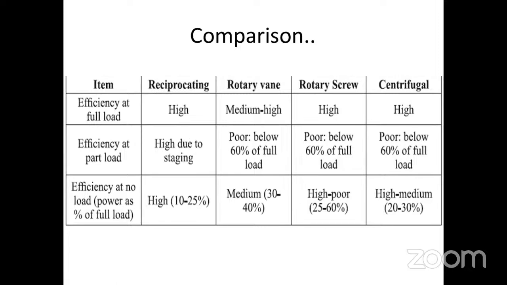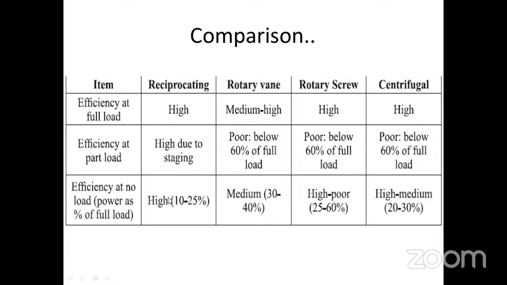Below 60% of the load, rotary vane type is very poor, and rotary screw is also very poor. All three are below 60%, the efficiency is very low. But for the reciprocating compressor, it is high.